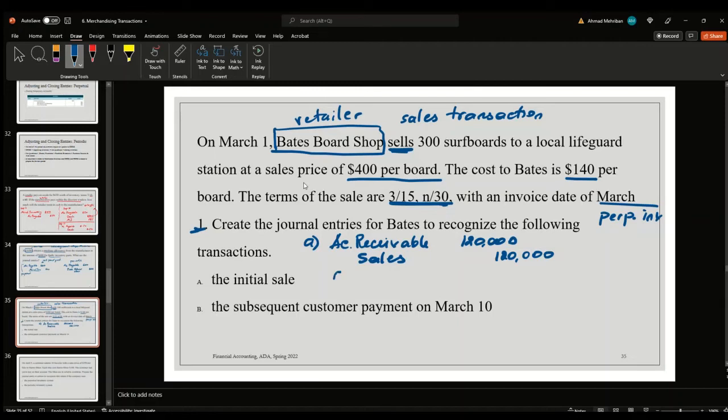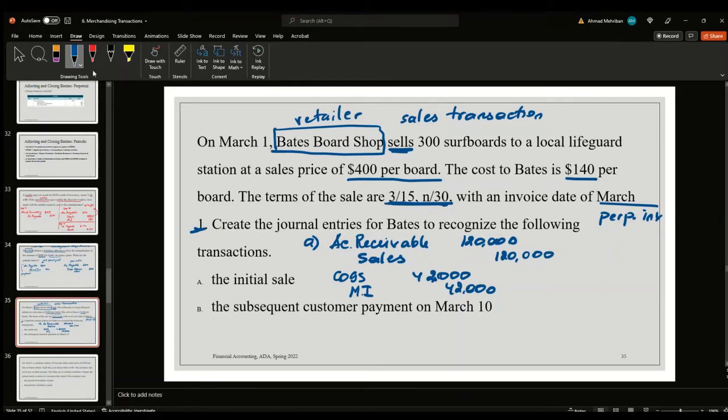So the cost of goods sold will be $140 multiplied by 300, so that's going to be this much. And merchandise inventory decreases through the credit side. This is what you have to do for the perpetual inventory system. And if it's only periodic, the top entry is enough.